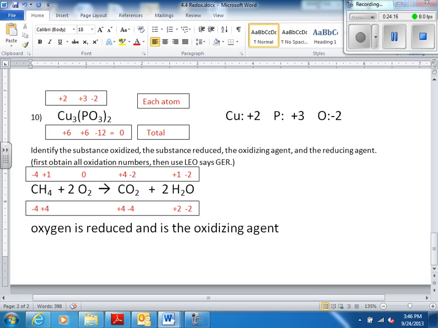So that tells us that methane, CH4, is oxidized, and whoever got oxidized is the reducing agent. Okay, we are done.